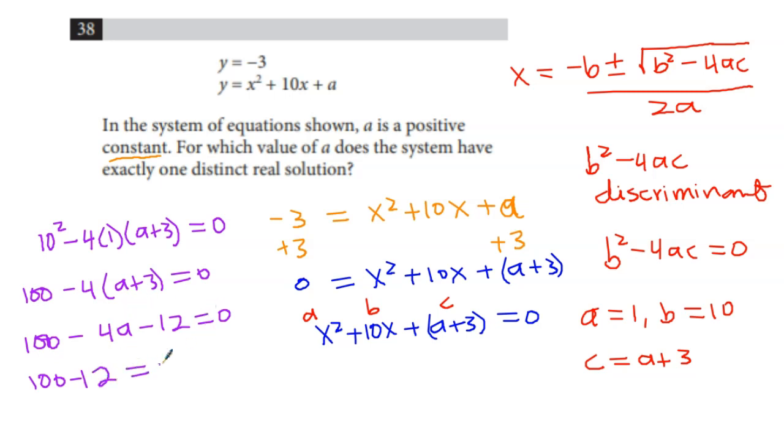And let's take the 4a to the other side, so it becomes positive. And here becomes 88 equals 4a. We divide both sides by 4, and that gives us a to be 22. So for this system to be giving us exactly one distinct real solution, the a has to be equal to 22, and that solved the question.